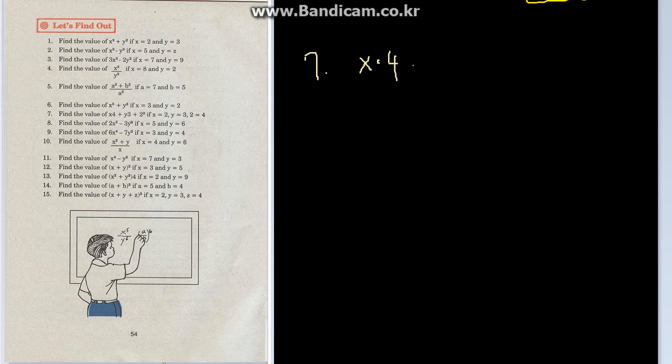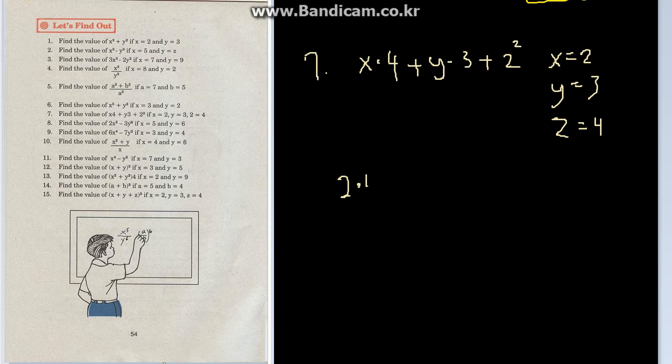x times 4 plus y times 3 plus z squared, and x is equal to 2, y is equal to 3, and z is equal to 4. So x is 2 times 4 plus 3 times 3 plus, now this one is z squared, but since z is equal to 4, we have to put 4 squared.